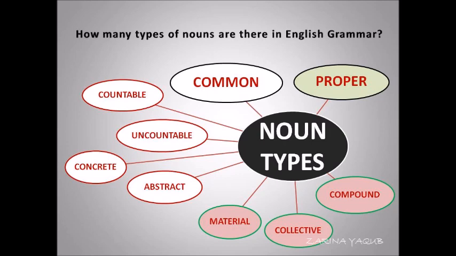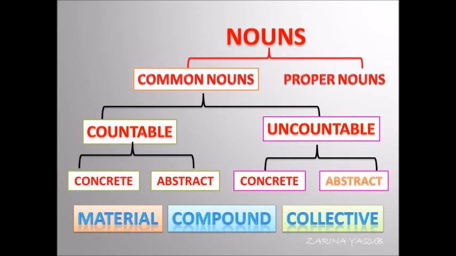And abstract nouns which we cannot see, taste, or touch, but we can feel, hear, think, or imagine them. I have given you 3 tasks to practice these 4 types of nouns. We have also seen how concrete and abstract nouns can either be countable or uncountable.